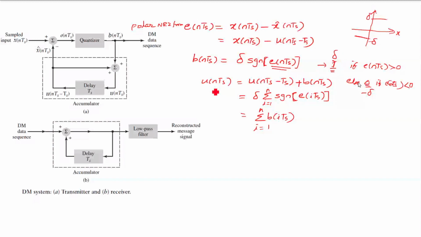Now let us see what this u of n into ts is. u of n into ts is nothing but the past value of u, u of n into ts minus ts, plus b of n into ts. b of n into ts is the scaled signum function.